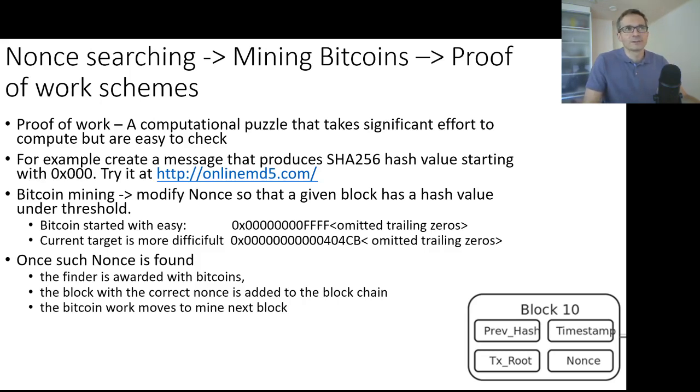As you can see from the slide, the current target is much more difficult. There are 11 zeros that need to be in the beginning, and then followed by some other numbers, and the value has to be that or smaller.